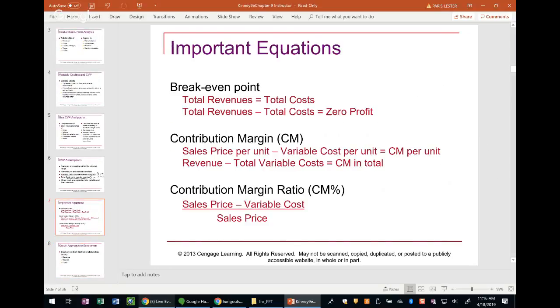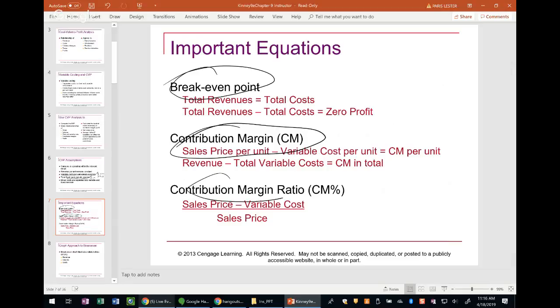Now this is an important equation here. We looked at this a little bit the other day, and contribution margin ratio. Now break even, I told you that it would be fixed cost over 1, and 1 is the selling price minus variable cost. And if that were in dollars, that's easy to calculate. And we'll calculate it in units.